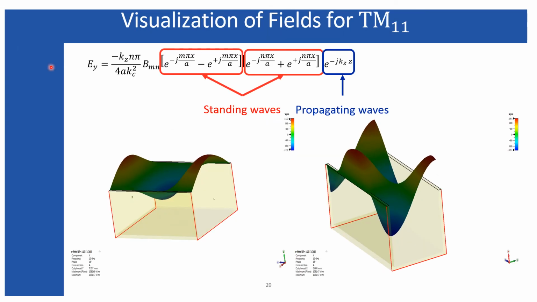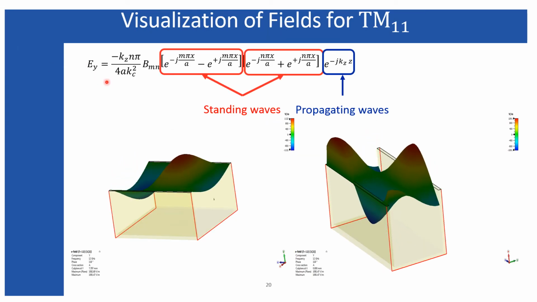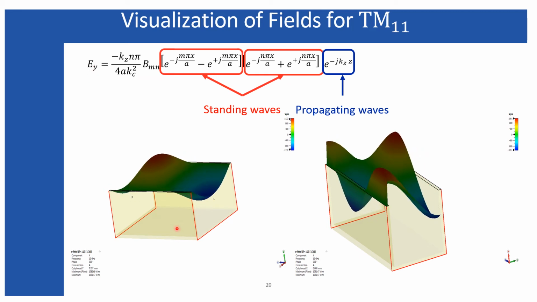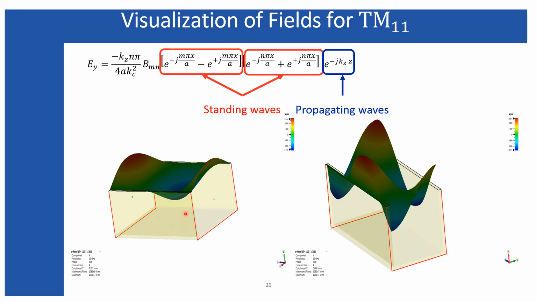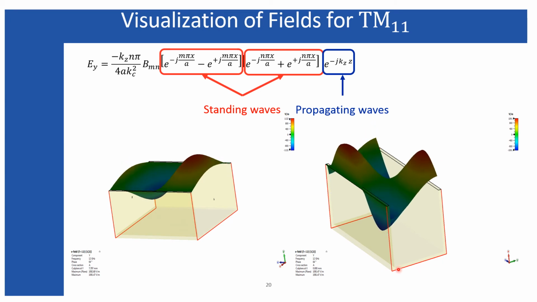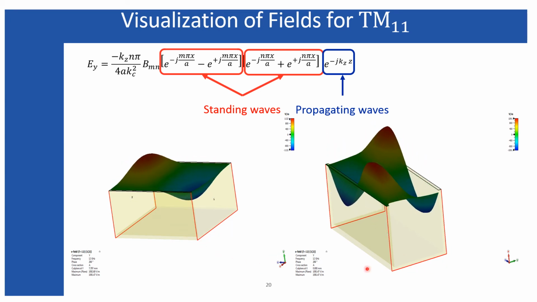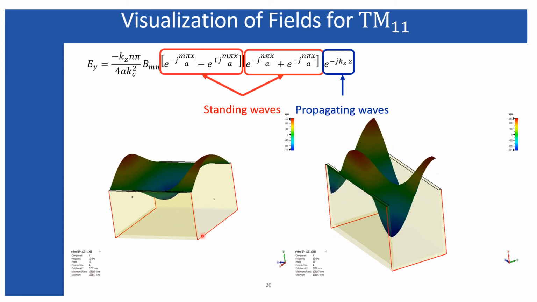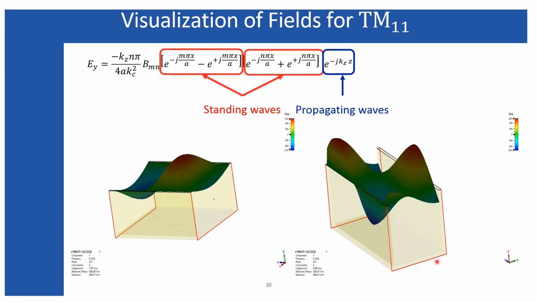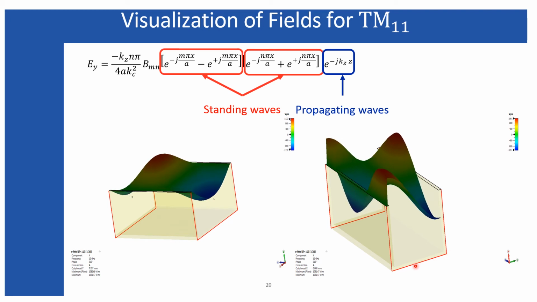And here is the animation of the individual component EY, and you are observing along the x and along the y. So you can see this is the x direction and this is the y direction. The x direction has a larger dimension a, which is greater than the dimension along the y, which is b.